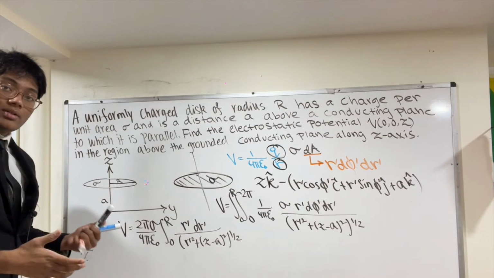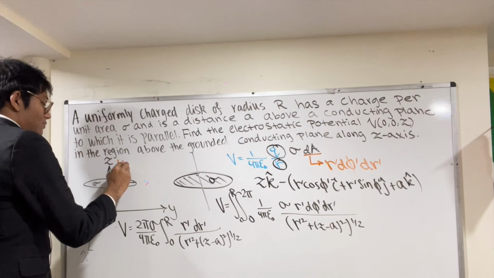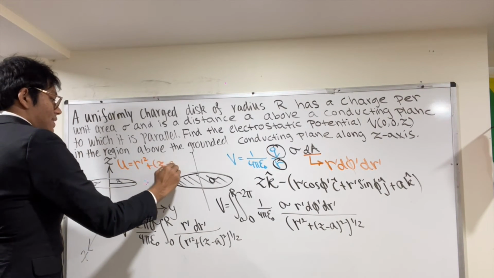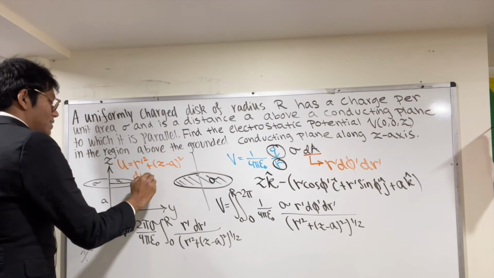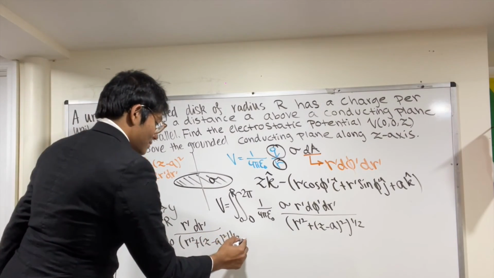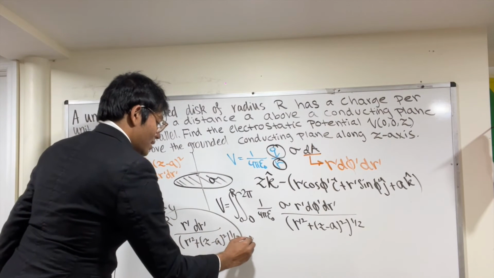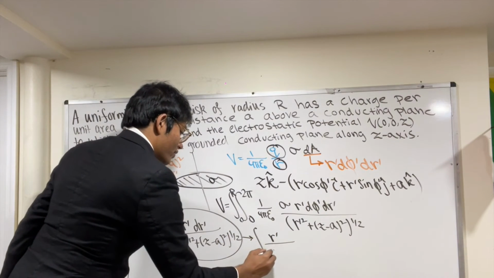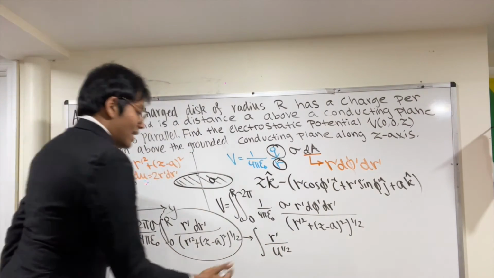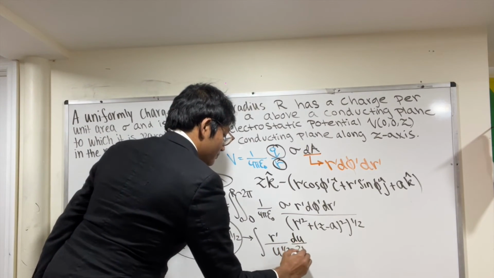So now if you remember calculus, then you'll recall that at this point we can make a u substitution where u is equal to r prime squared plus z minus a squared, giving us that du is simply 2 r prime dr prime. Let me first tackle this integral. This integral may now be written as the integral of r prime over u to the 1/2, since all of this is now u, and dr prime is replaced with du over 2r prime.